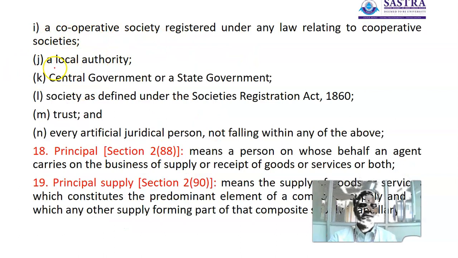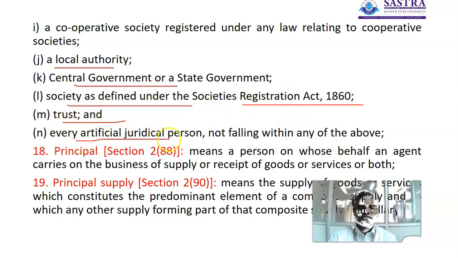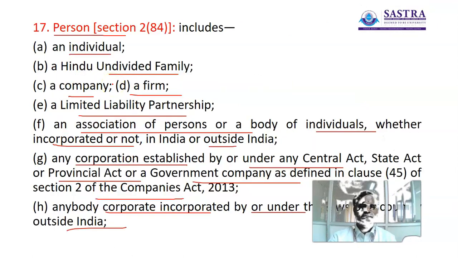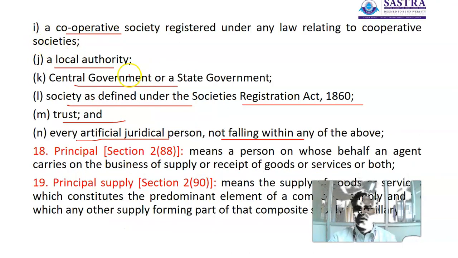Then cooperative society, a local authority, central and state government, a society as defined in the Societies Act 1860, a trust, and every artificial juridical person not falling within any of the above. You see, all of them, including cooperative society, they are what? Person. Not only a human being, all business bodies, okay, including government.